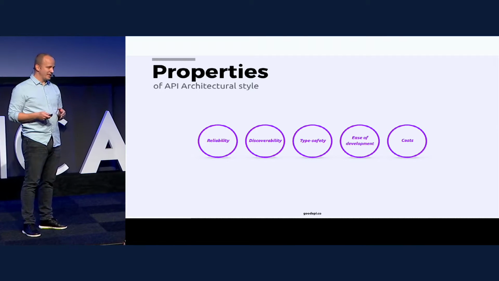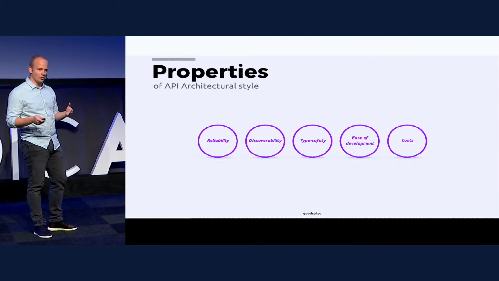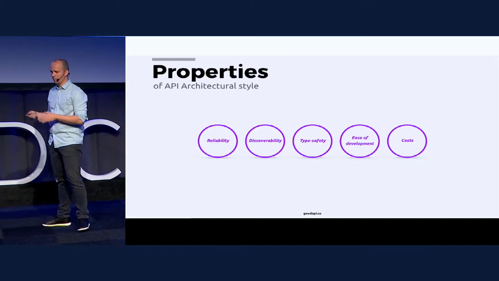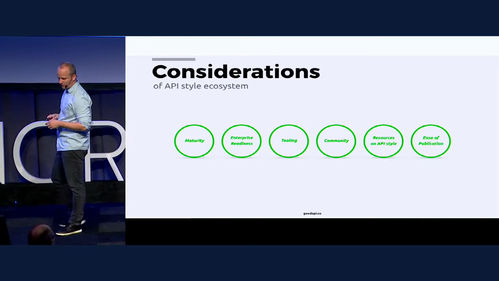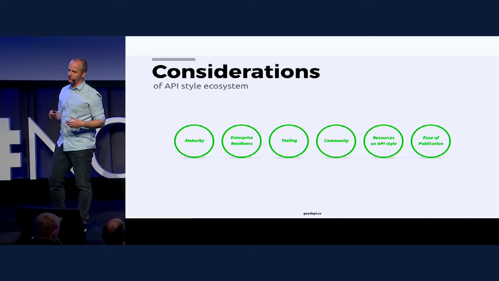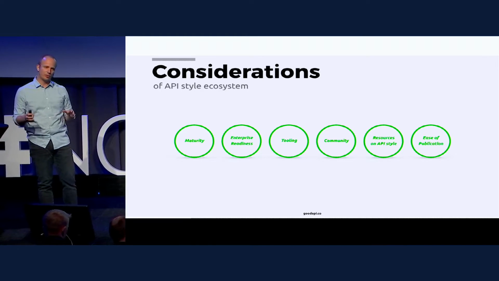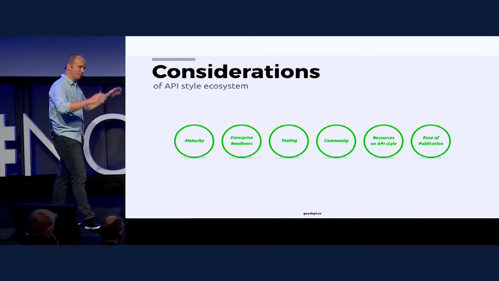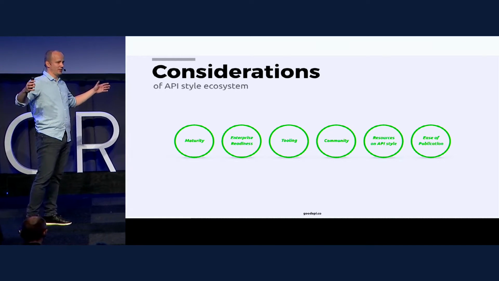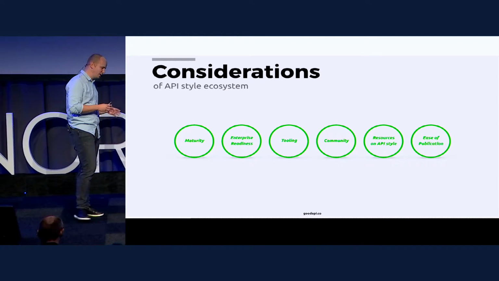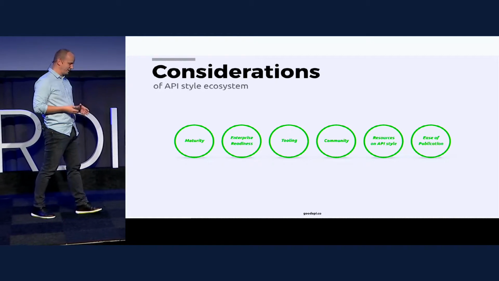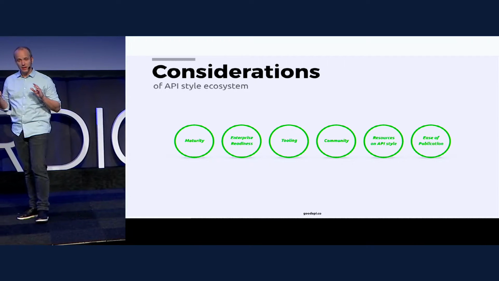Also, as I already mentioned, the ease of development and, of course, cost, how expensive it is, both money and time wise. There are some considerations of the ecosystem itself, not just the properties of the system, but the ecosystem around that API style, right? Those are very important. They are more social than the technical constraints or properties of the system. These are maturity.